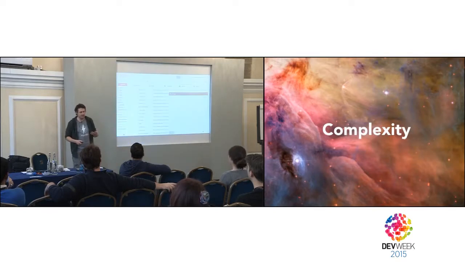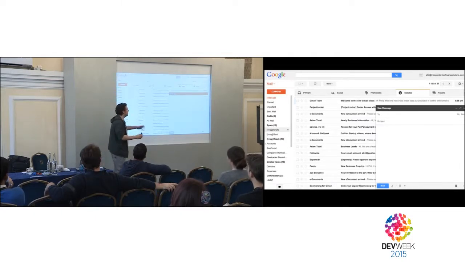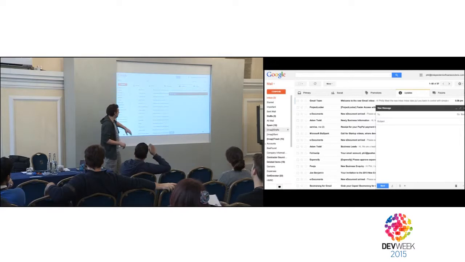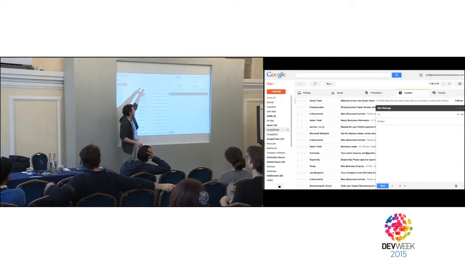So a good reference point, who uses Gmail? Okay, lots of people, or Outlook.com. Anyone use Outlook web? Okay, a few people as well. Those applications are relatively complex single-page applications that let you do loads of things, from search, through paging through your emails, through filtering them by label, in this case, specific filtering that Google have provided.